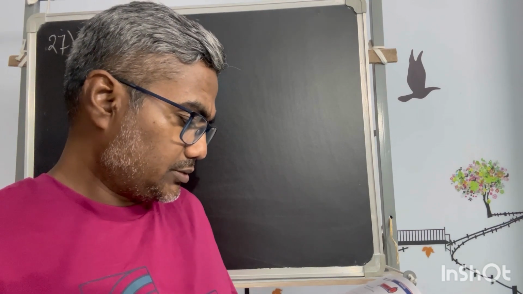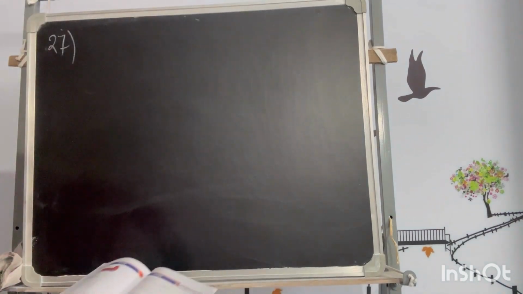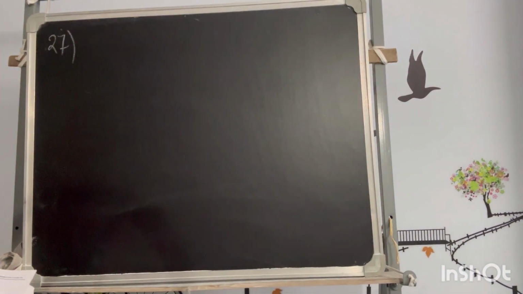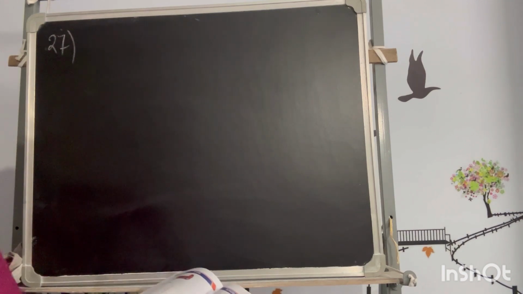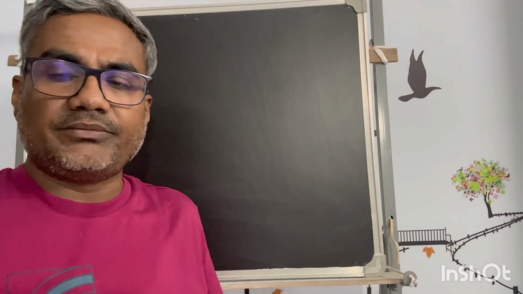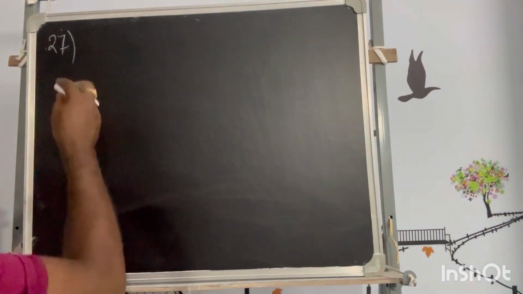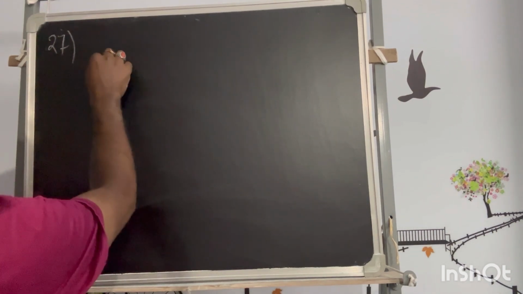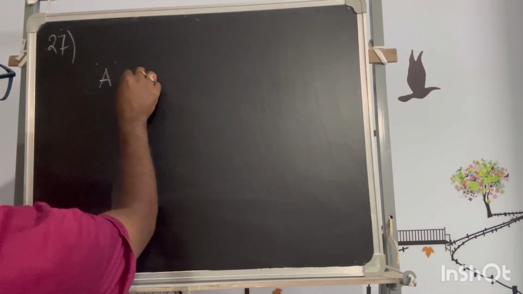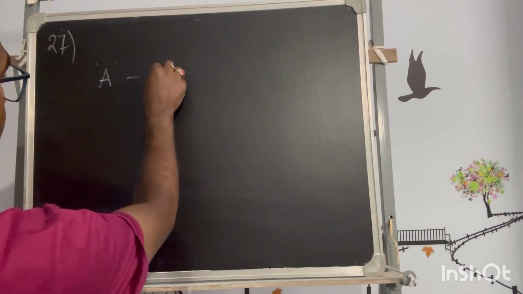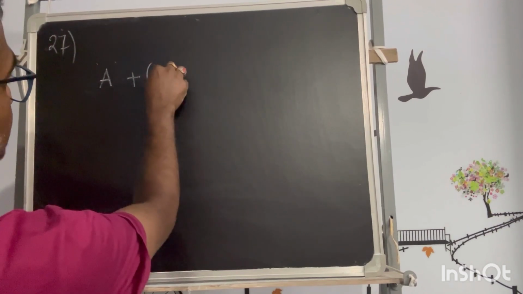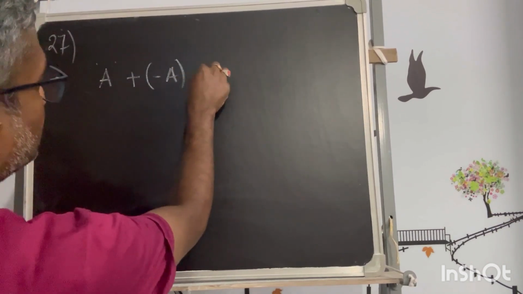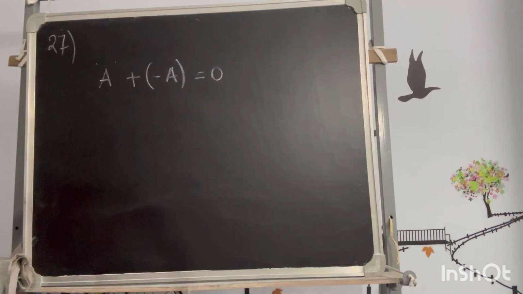The inverse. If you remember what the additive inverse of a matrix is, I am not showing it. The additive inverse of any matrix is that which, when added to it, will give you a null matrix, meaning the answer is 0.